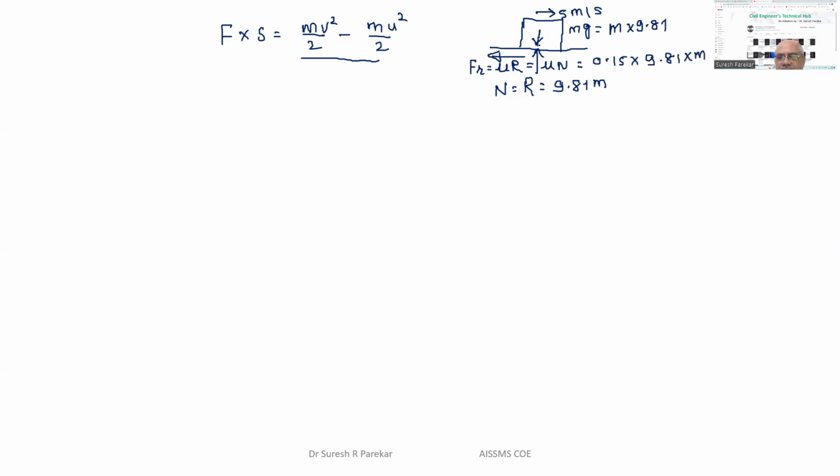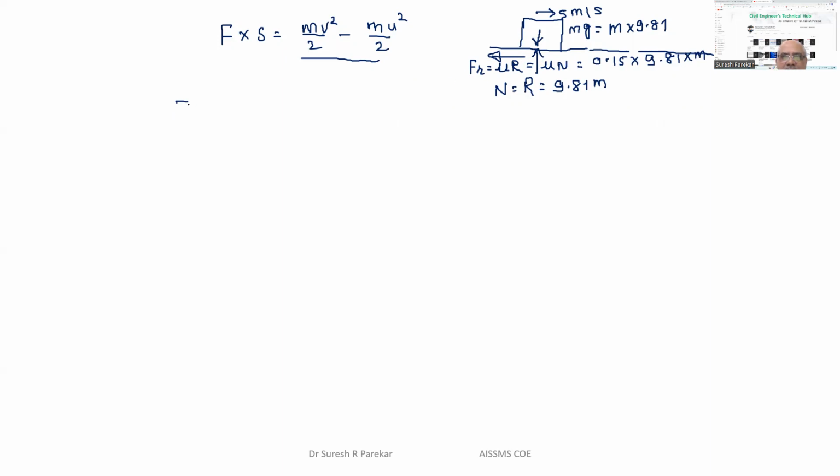Now we will put it in F into S. In this F into S, we will get F as minus, because the force is towards left, and the distance traveled, it will go somewhere here and then its velocity becomes 0. Because of the frictional force, which is in the opposite direction of motion, it comes to rest.